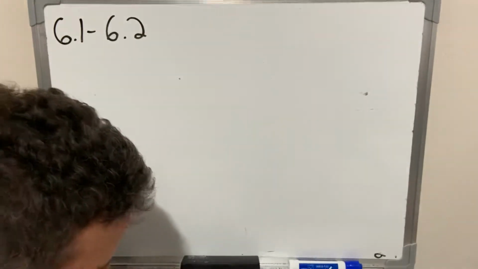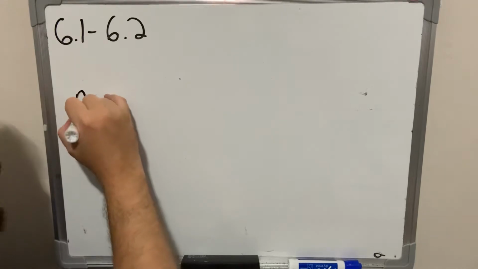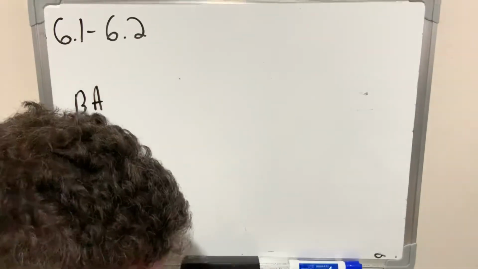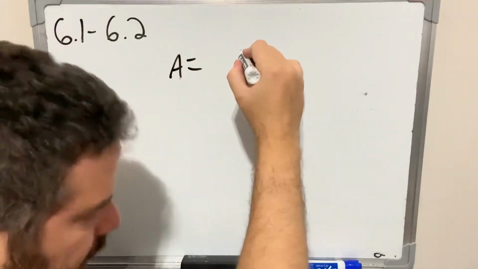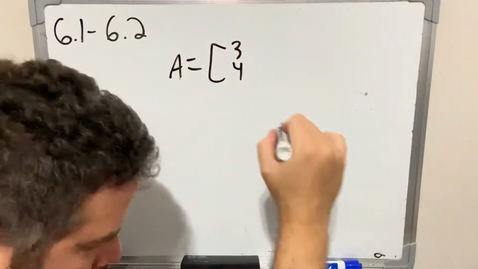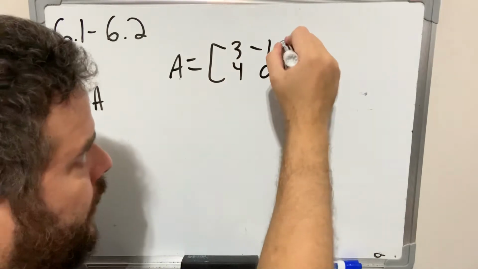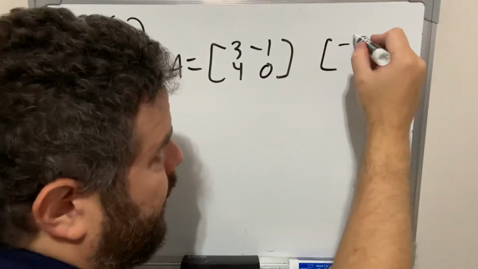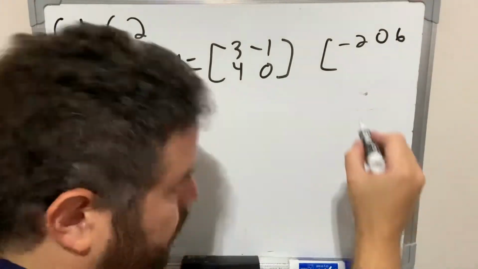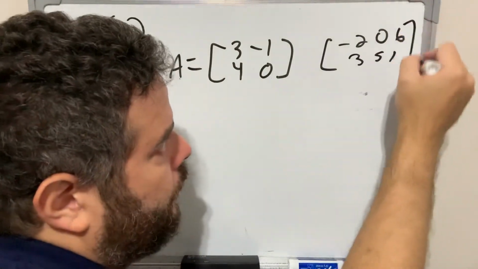So example B, they tell me to see if I can multiply matrix B times matrix A. I erased my matrices. I know that A is 3, 4, negative 1, 0, and B is negative 2, 0, 6, 3, 5, 1.